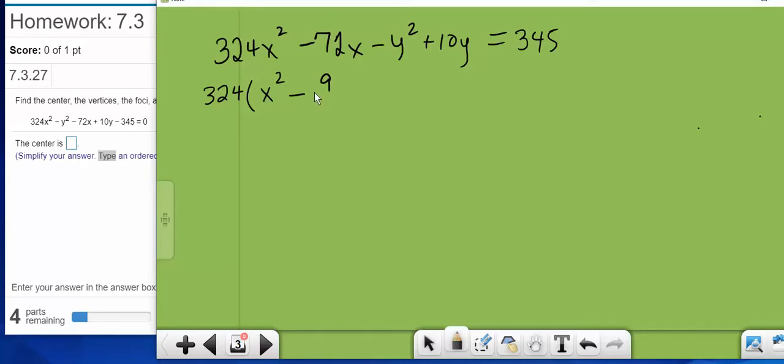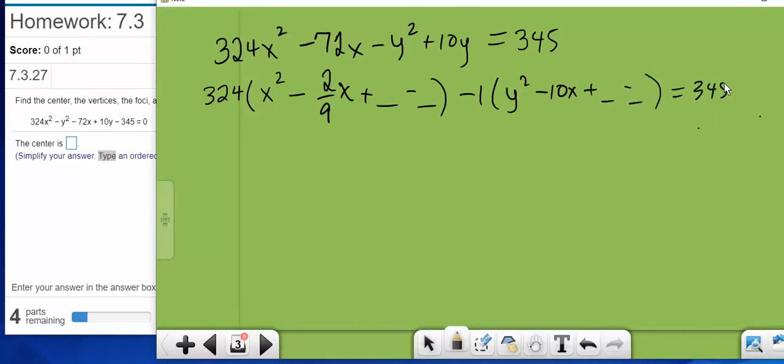So it's 72 divided by 324, so it's the other way around. It's 2/9. Okay. X plus blank minus blank minus 1 y squared, and we're dividing out -1, so 10 divided by -1 is -10, plus blank minus blank equals 345.